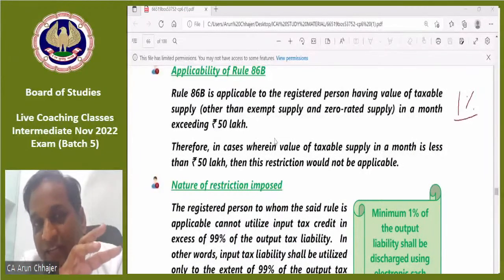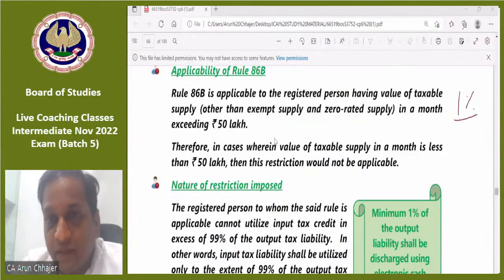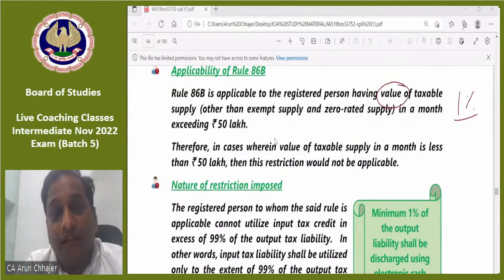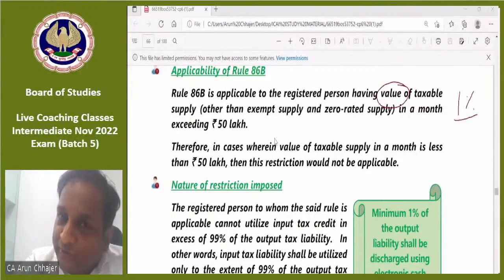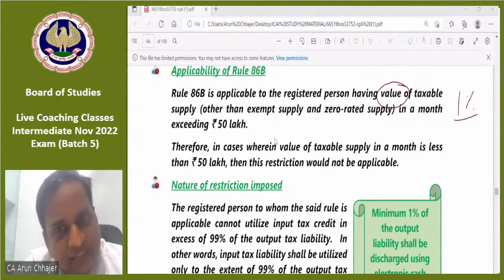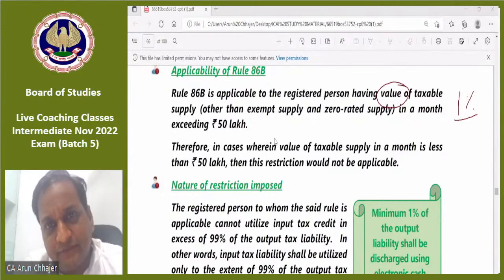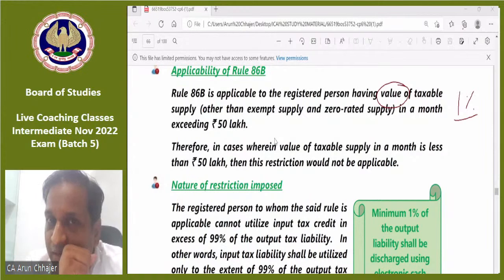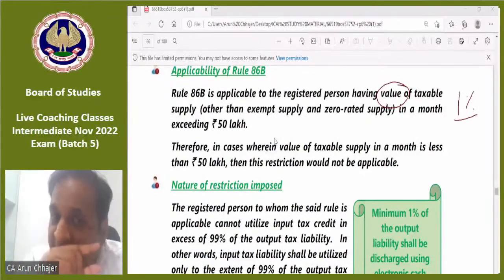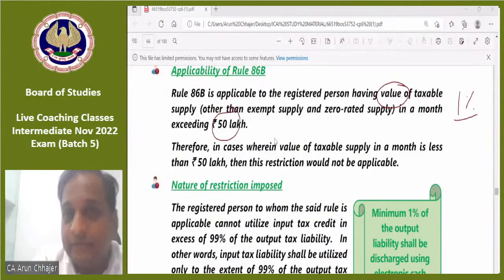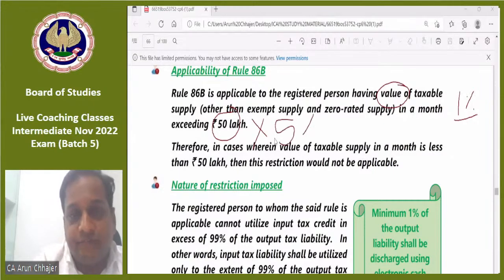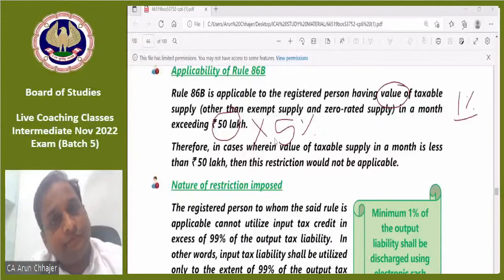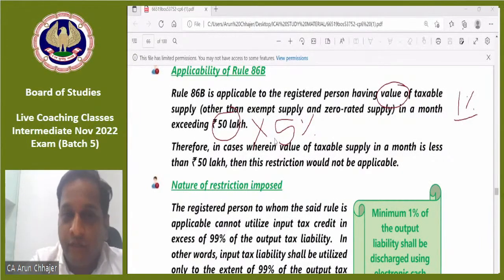So what is the 50 lakh? Is it tax liability? It is value. Let's say the tax rate is 5%. Then what will be the tax liability? 50 lakh multiplied by 5% is 2.5 lakh.